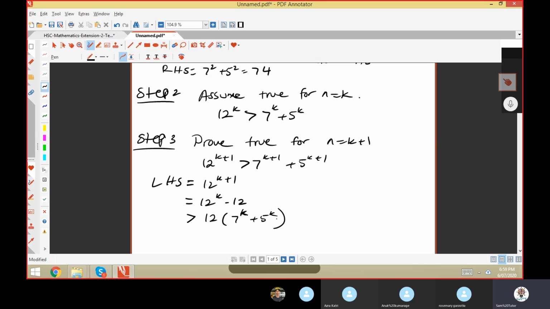Do we understand that? So again, let's read that. 12 to the k plus 1 equals 12 to the k times 12. Yep. Now, this 12 to the k is bigger than 7 to the k plus 5 to the k. So this is not equal to, it's bigger than 12 times 7 to the k plus 5 to the k.